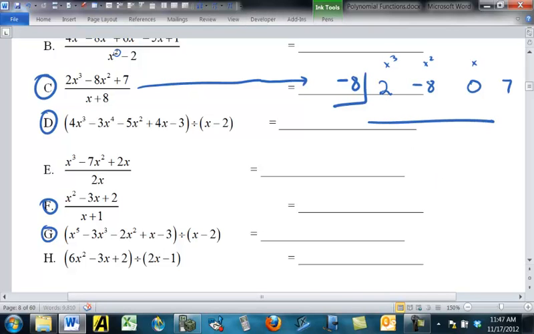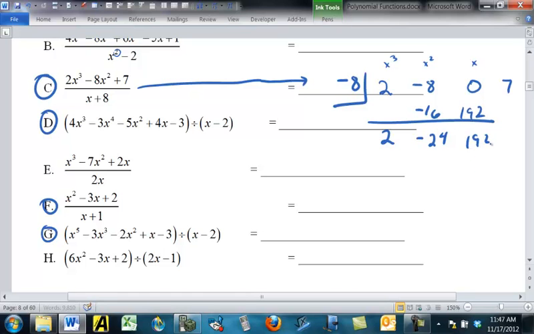Now, we just bring the first one down, 2. 2 times negative 8 is negative 16. Add, negative 24. Times negative 8, that's positive, let's see, 192.